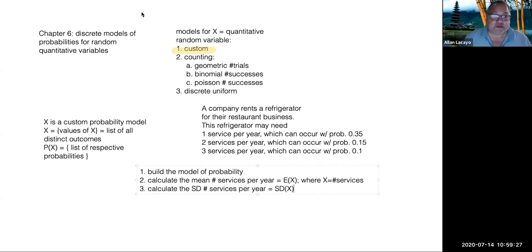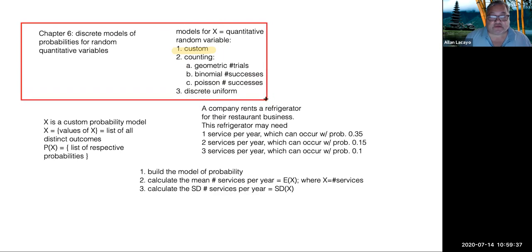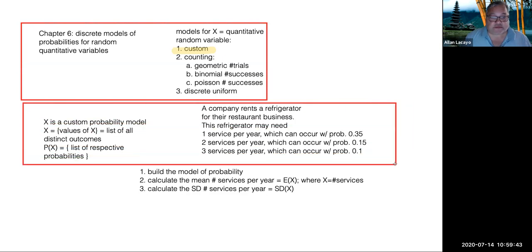Okay. So again, chapter 6 is about discrete probability models. And this particular example is about something called a custom model of probability.